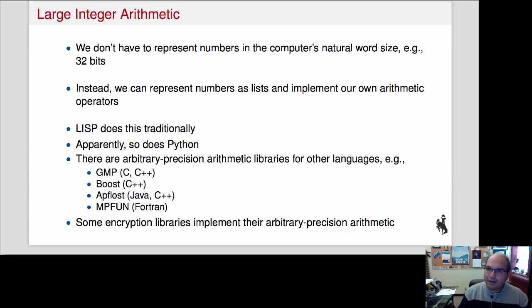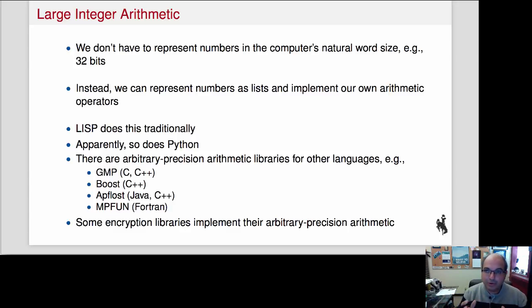A lot of languages, in fact, I would say that most, if not all, languages will have some kind of library that lets you do arithmetic on very large integers. So, for example, for C and C++, there's something called GMP, the GNU Multiple Precision Library, which has a representation for numbers based on lists, and it'll do multiplication and addition and subtraction and so on.